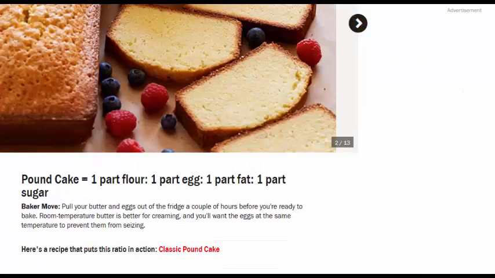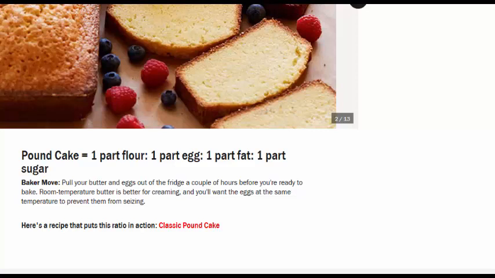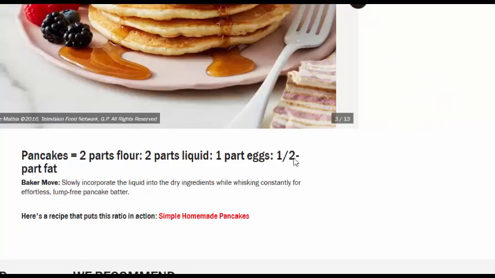The first one they talk about is for pound cake, the ratio is 1 part flour to 1 part egg to 1 part fat to 1 part sugar. So you put flour, egg, fat, and sugar in the same quantities when you're making pound cake. Another one is for pancakes, 2 parts flour to 2 parts liquid to 1 part egg to a half part fat.